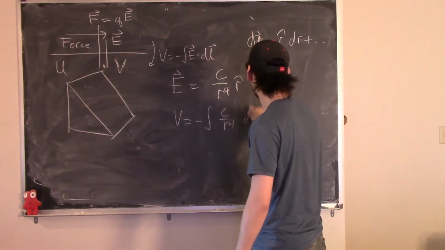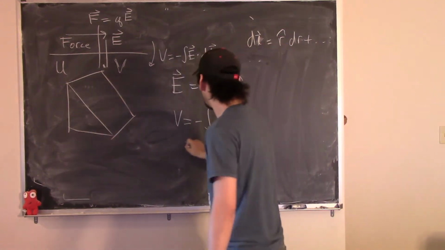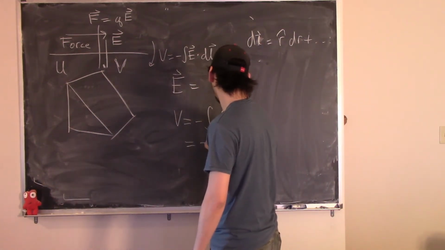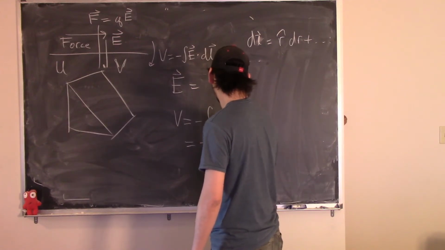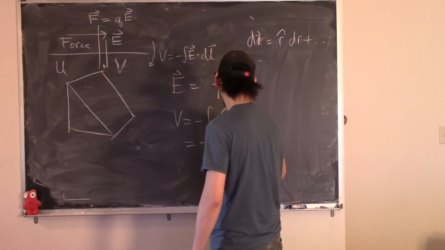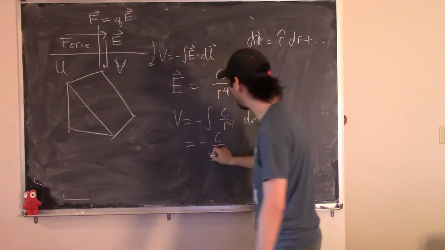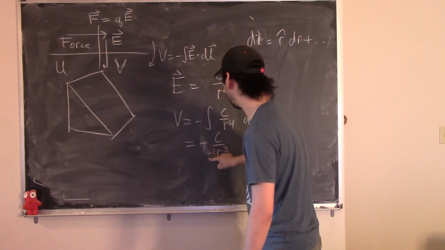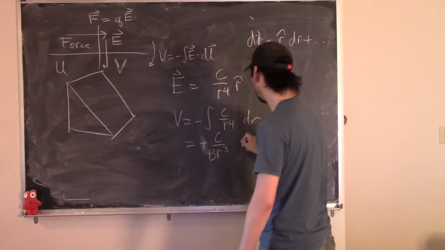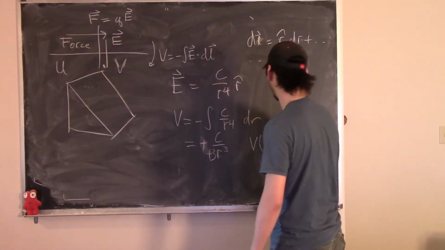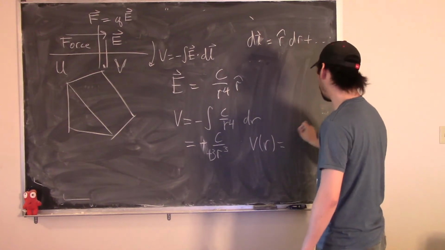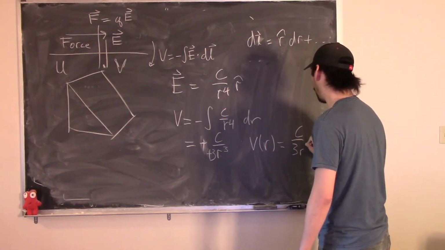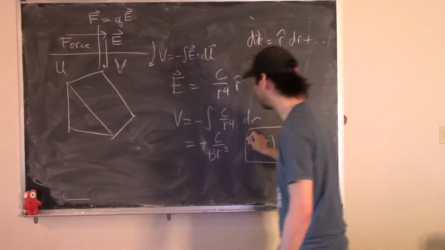And then this is just dr. So when we do this integral, this is going to be equal to negative c divided by r cubed with a negative 3 in the denominator. The minus signs are going to cancel, so minus minus becomes plus. And so our electric potential function, a function of r, is just going to be c divided by 3r cubed. Okay?